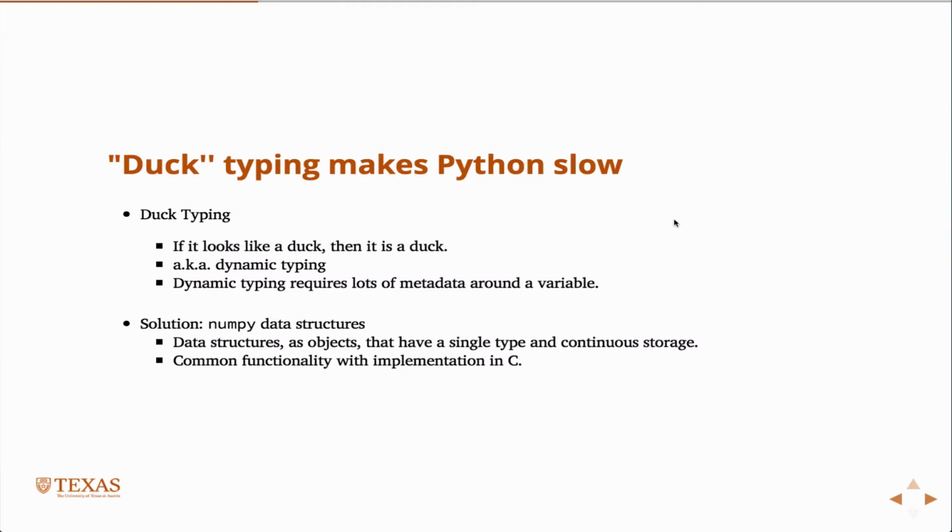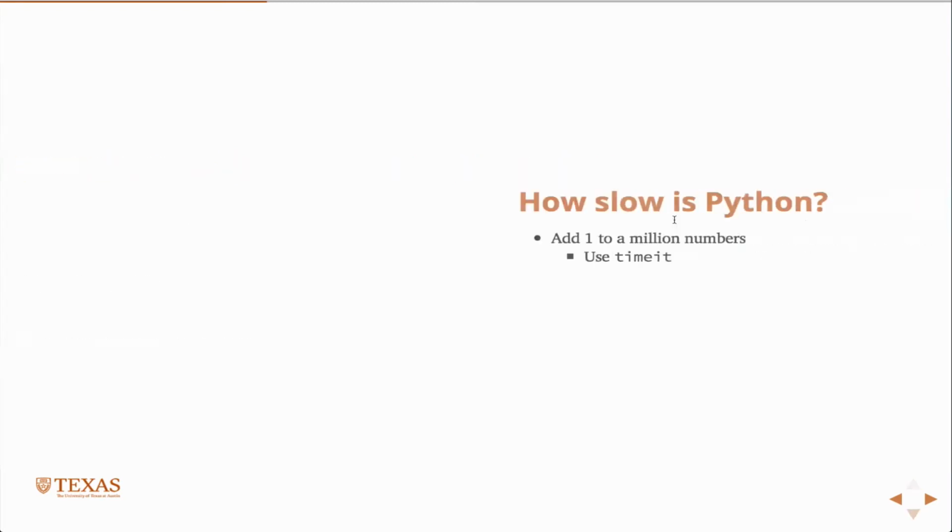So you can take an array and add 1 to it, for example, and it will add 1 to every entry of the array, and it does it in compiled C speed, essentially. That's because the implementations are done in C. And so it gives you the ability to do computations much faster in Python.